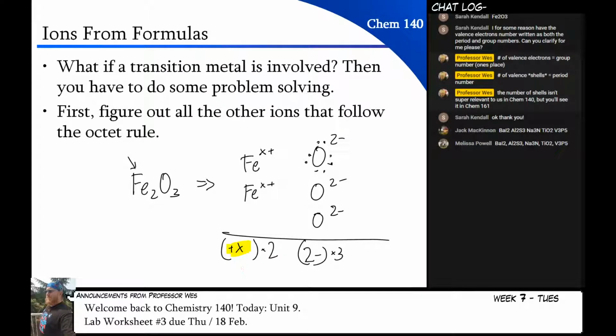That number has to be +3, right? Because remember, we want the whole total charge to equal 0. And that can only happen if both this term and this term equal the same thing. So what this means is that we already knew that oxygen was this ion in the ionic compound. But this iron must be +3.